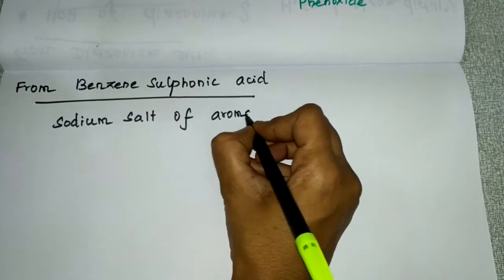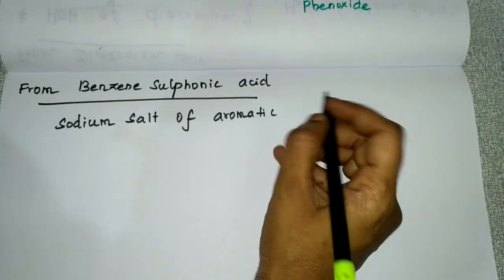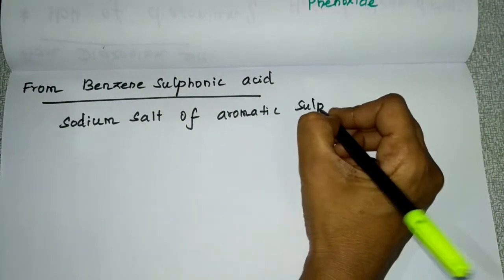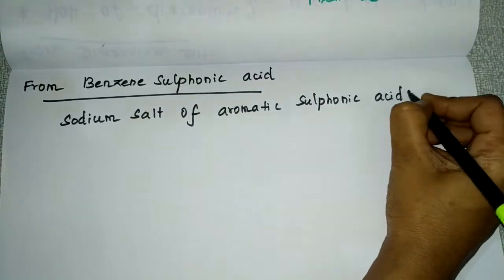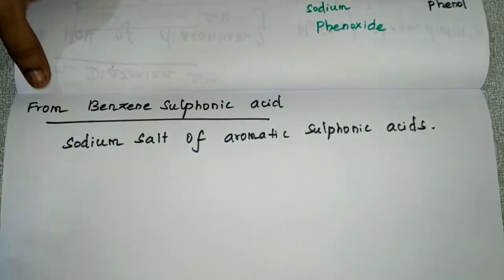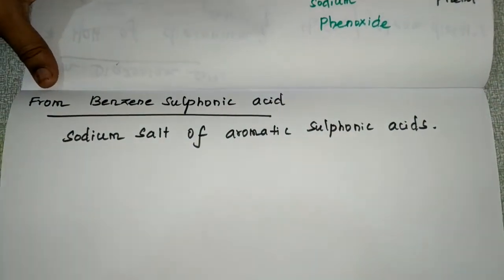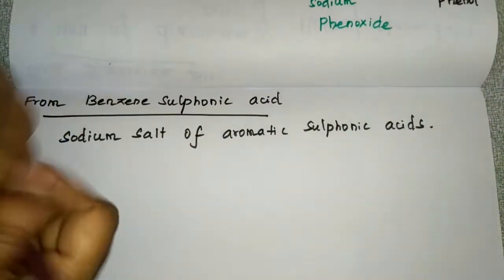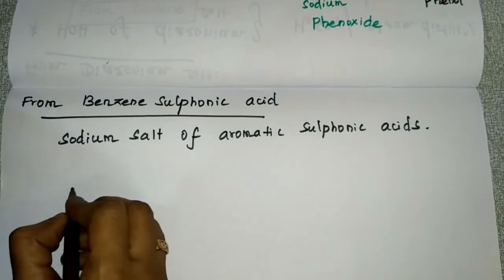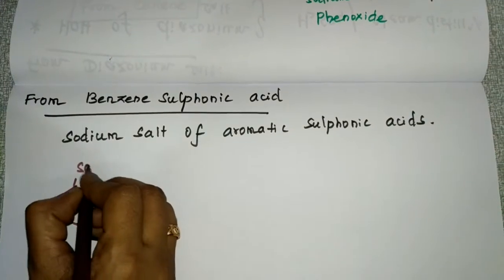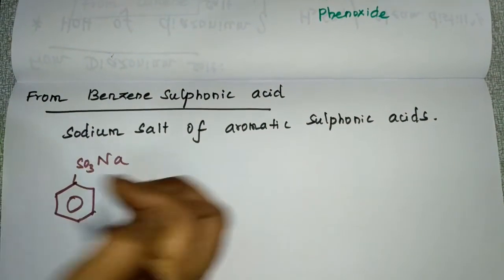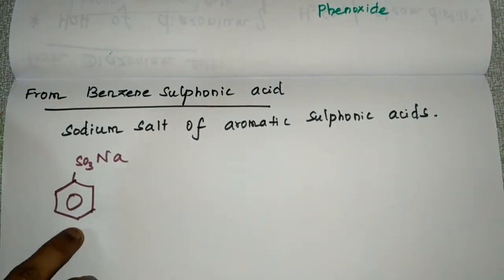You are going to take the sodium salts of aromatic sulfonic acid. Okay, so what is that? It is SO3Na, sodium salts of aromatic sulfonic acid.